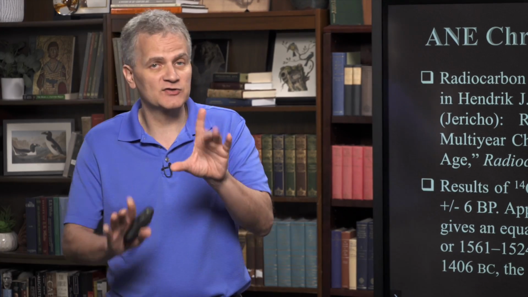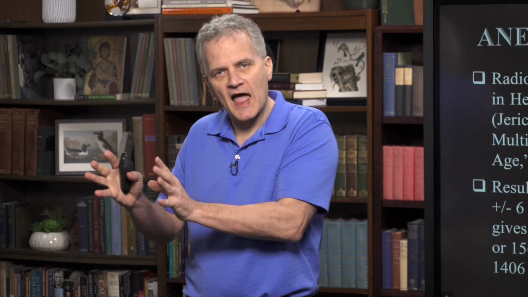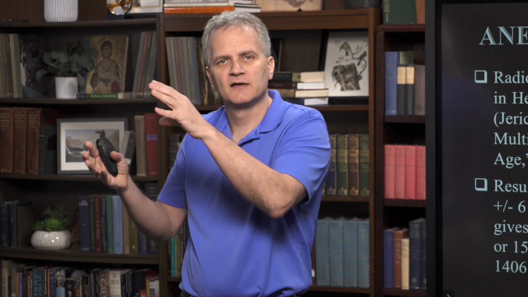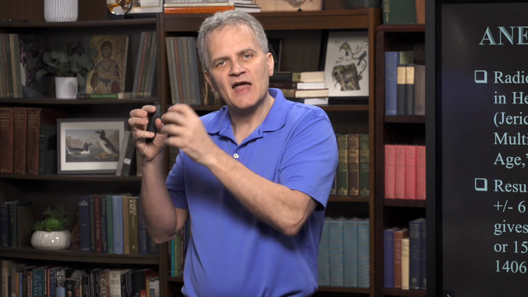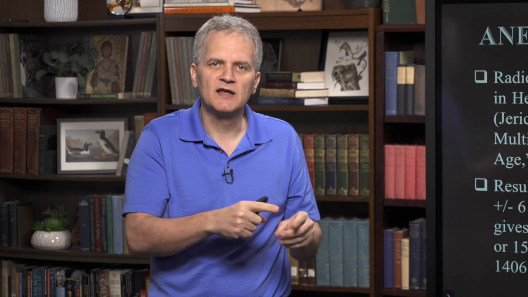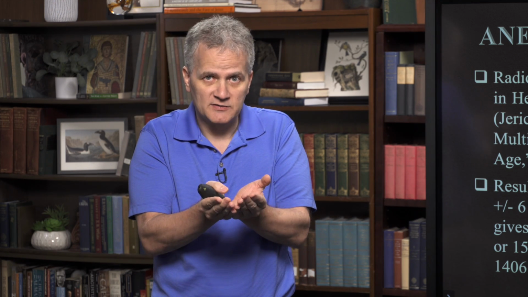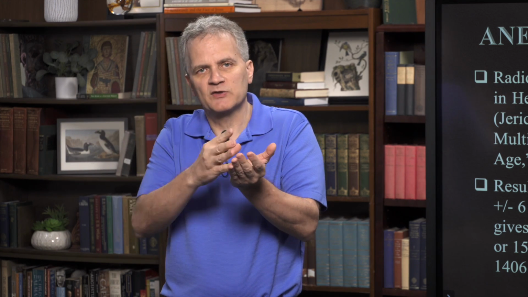So here's the thing, the same problem that the secular archaeologists found with other sites throughout the ancient Near Eastern world, Egypt and in the Levant and other places, that same offset is present if you evaluate Jericho's radiocarbon evidence. So it needs to be understood with consistency.